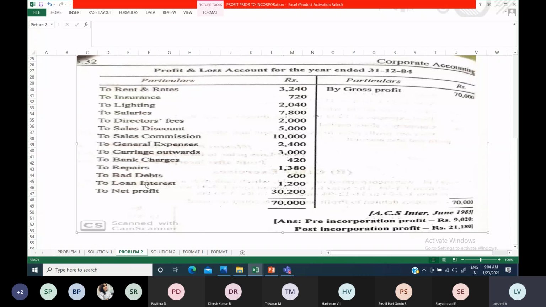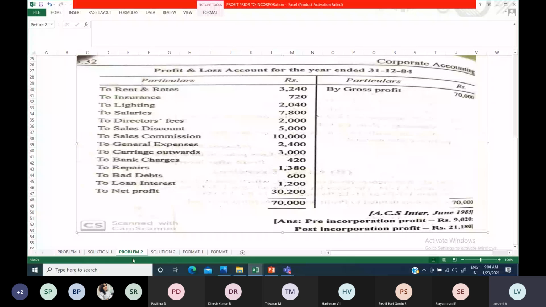Interest on loan, any interest, bank charges, everything will be done based upon time ratio only. Whatever has an impact of sales only, we use sales ratio. Then you will calculate the balancing figure, and that is your net profit.